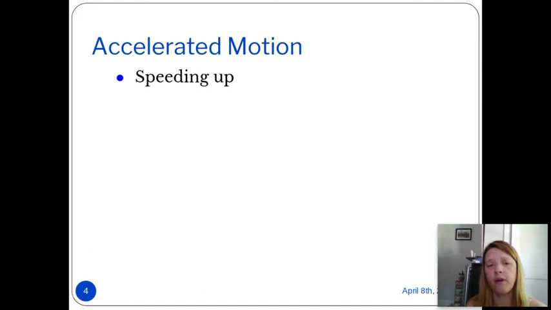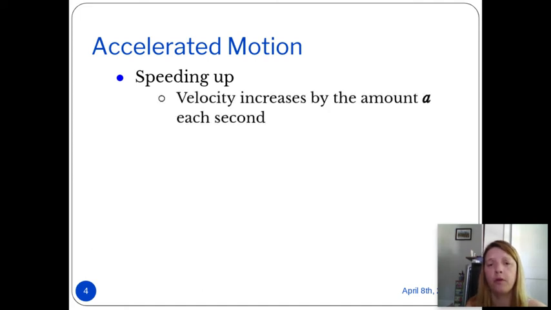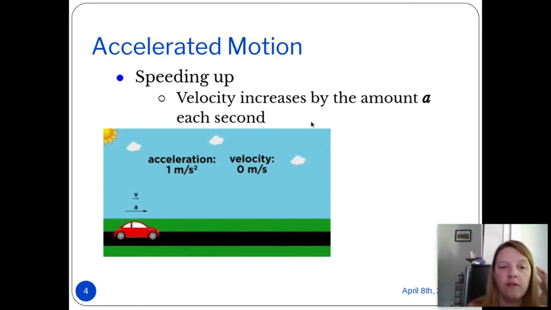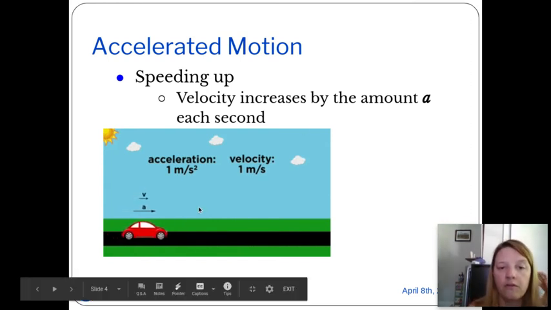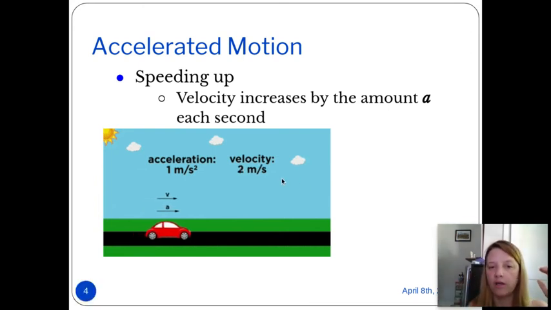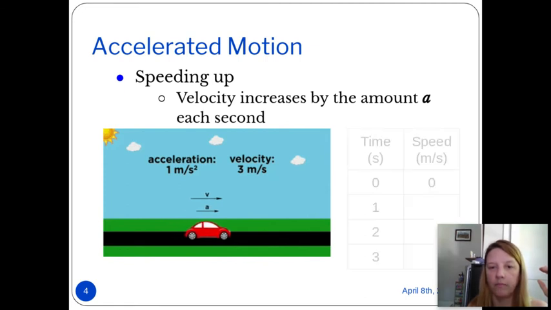So let's talk about first if you're speeding up. When you're speeding up, your velocity increases, it gets bigger. And specifically, it gets bigger by whatever this amount A, your acceleration, is each second. If we look at this little animation here, you see this car initially starts out at a velocity of 0. And then if you watch, this velocity number is going up over time.